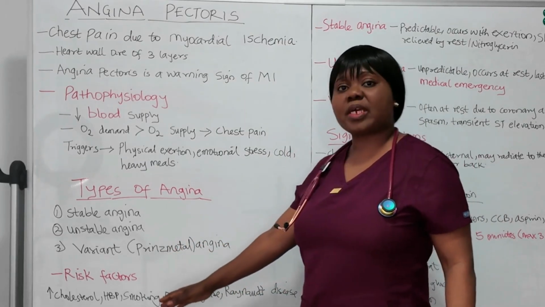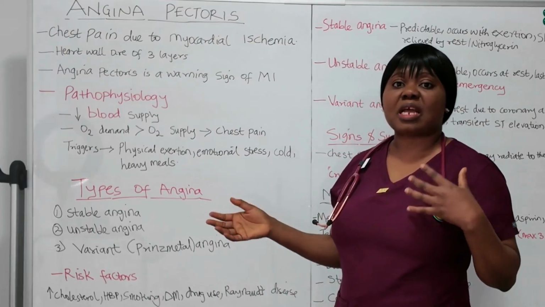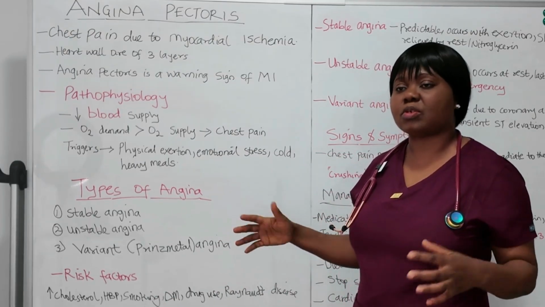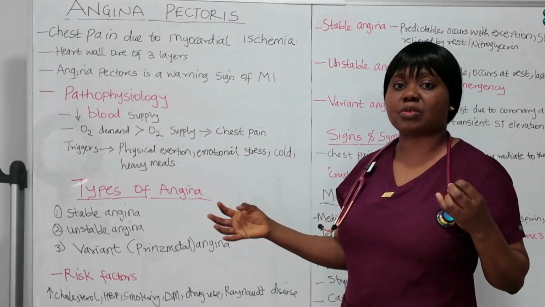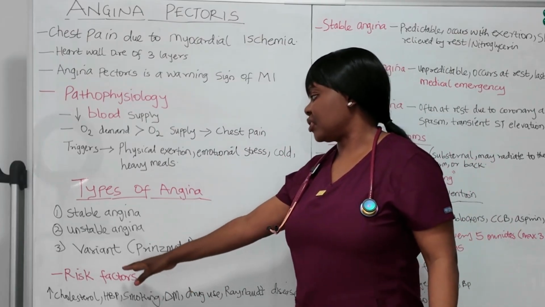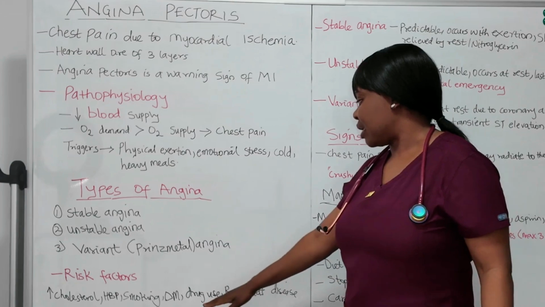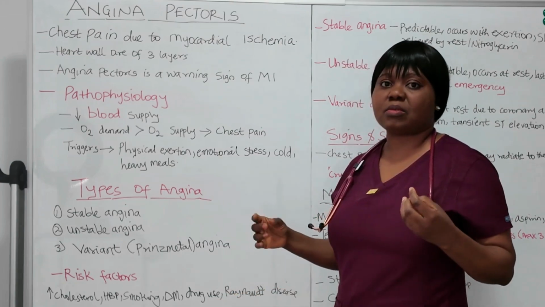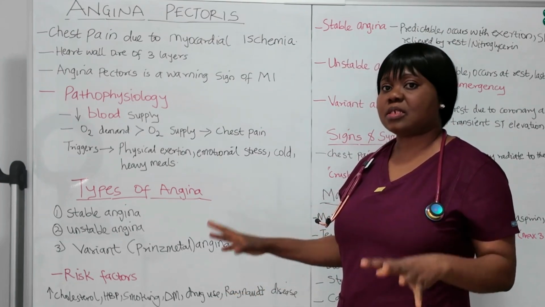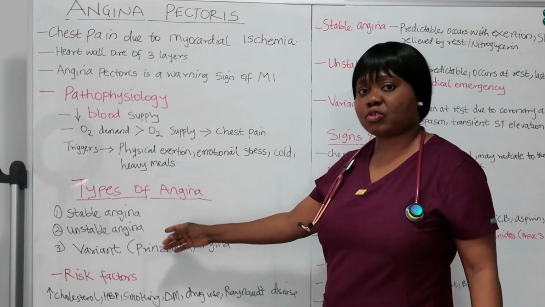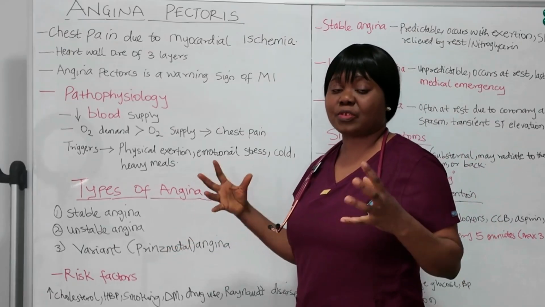Also smoking and the use of some drugs like cocaine, and excess caffeine, can cause constriction, especially in Prinzmetal or variant angina, where there is spasm of the coronary artery. Another is renal disease. These are vascular diseases that can also cause vasoconstriction and spasm of the coronary artery.